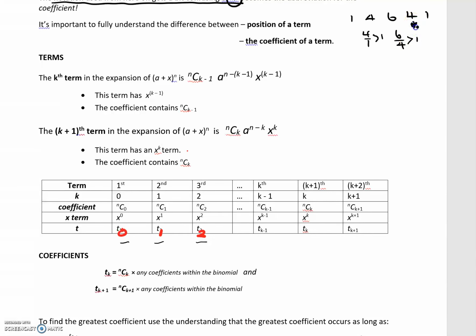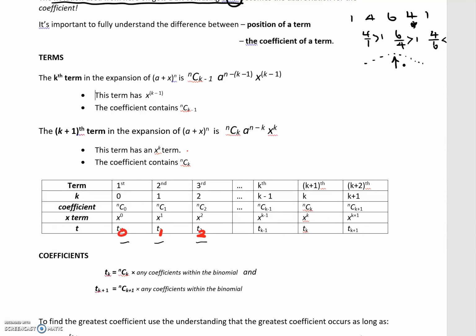However, when we get to this position, we get 4 on 6. It's now less than 1. So this is what we mean, that the coefficients seem to rise to a point and then they fall. We want to establish where this position is.